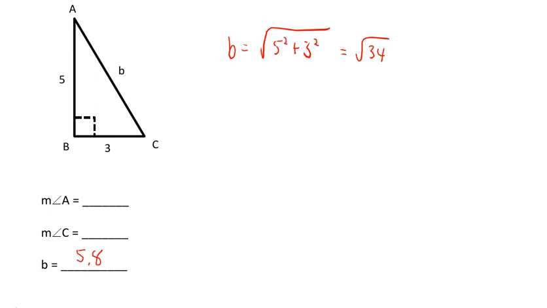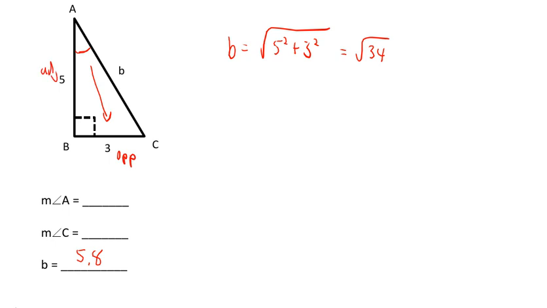And angle A or angle C, I want to pick one to find, and to find angles, we need inverse trig functions. So I'm going to start with angle A. 3 is my opposite, 5 is my adjacent. So that's a tangent equation.